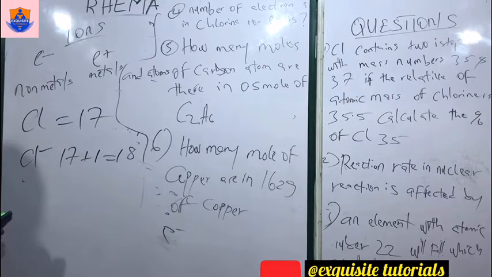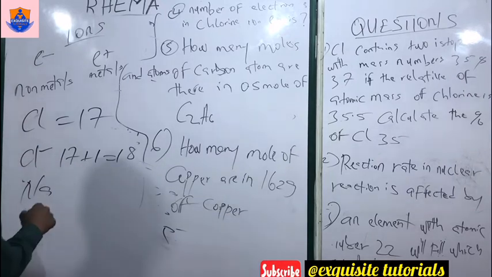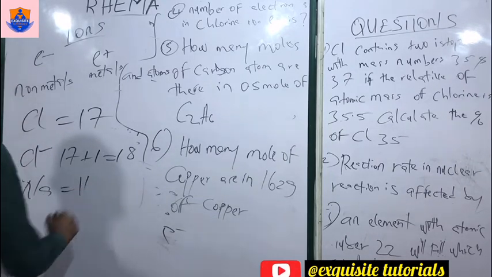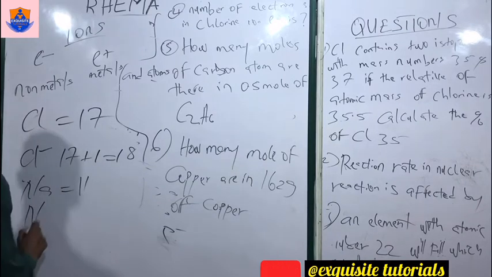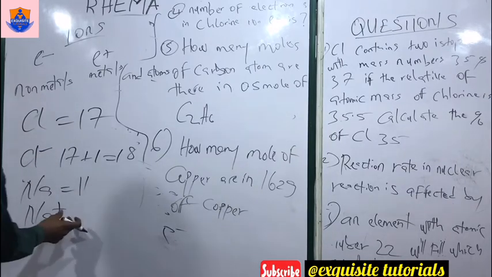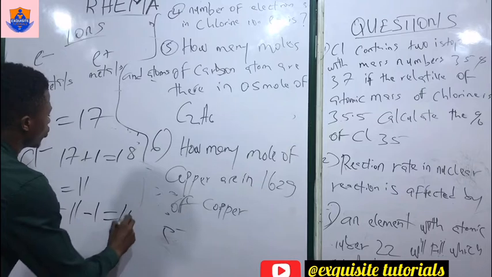Now, let's say, for example, sodium with a proton number of 11 loses an electron to form a sodium ion. It means sodium has lost an electron, which is 11 minus 1 equals 10.